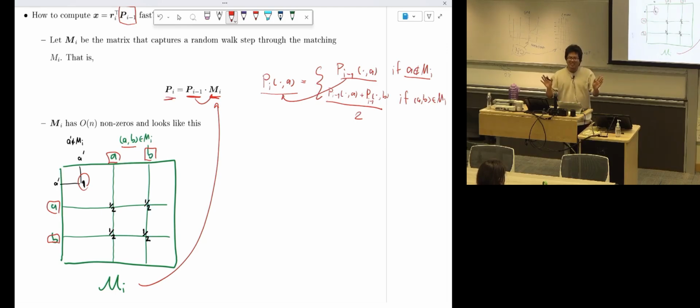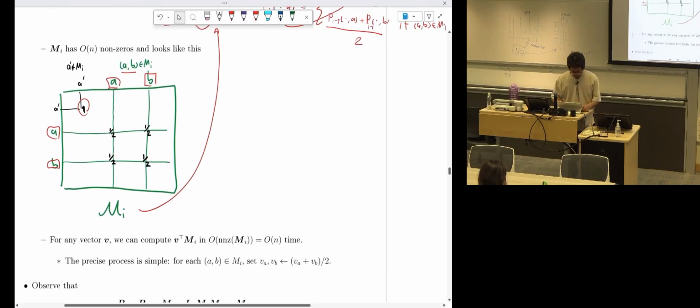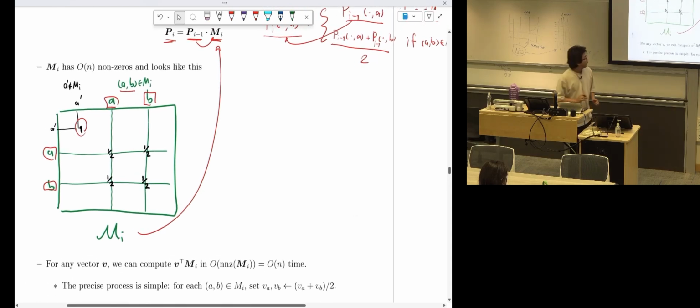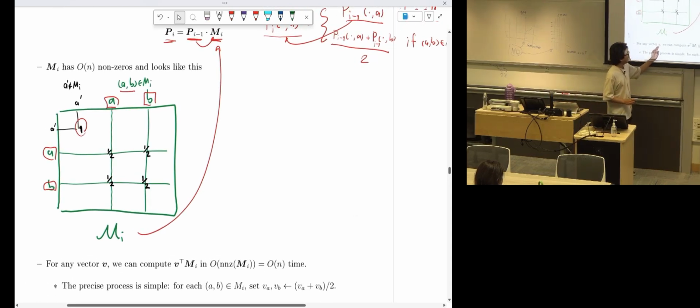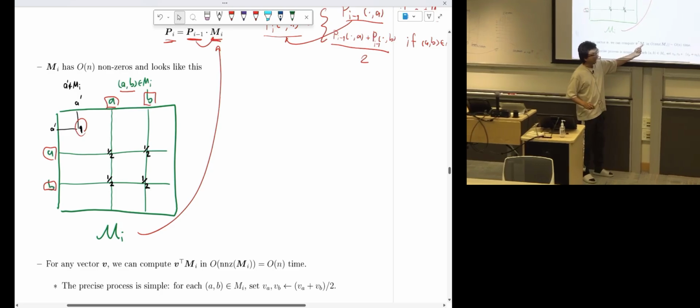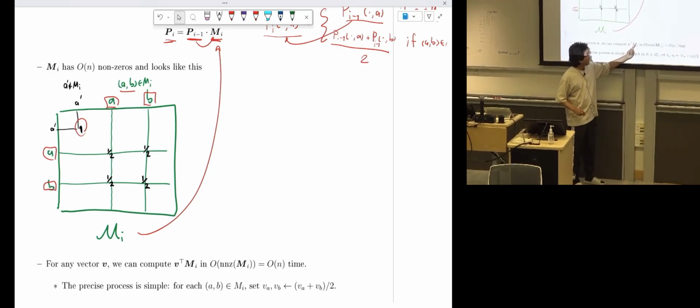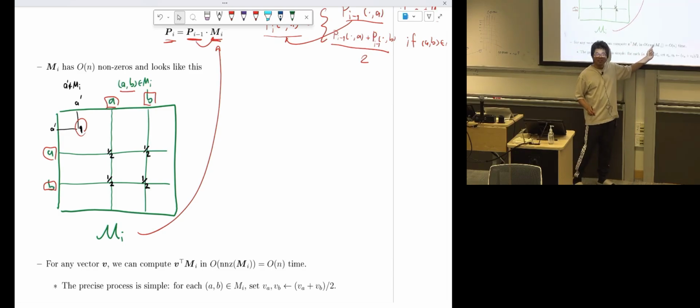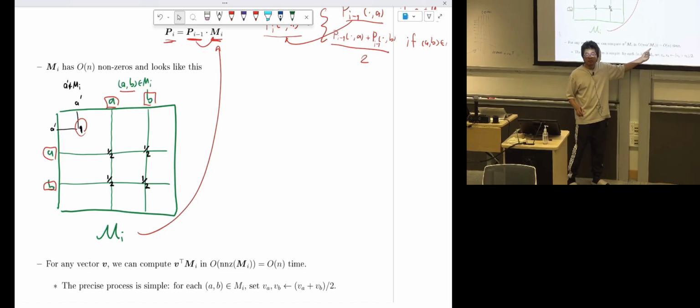It's a simple matrix with just O(n) non-zeros. And when you multiply a vector by any matrix, you can do it in time proportional to the number of non-zeros of the matrix.